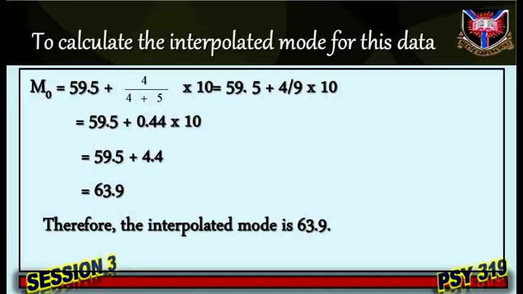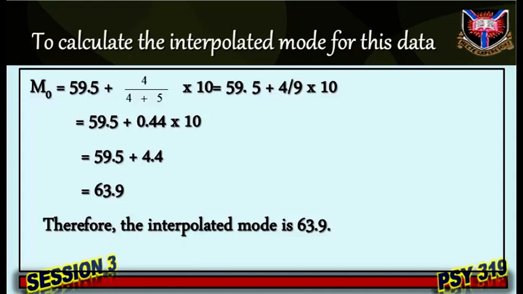To calculate the interpolated mode for this data, LRL is equal to 59.5, D1 is equal to 25 minus 21 is equal to 4, D2 is equal to 25 minus 20 is equal to 5, and I is equal to 10. M0 is equal to 59.5 plus 4 over 4 plus 5 times 10 is equal to 59.5 plus 4 over 9 times 10 is equal to 59.5 plus 0.44 times 10 is equal to 59.5 plus 4.4 is equal to 63.9.